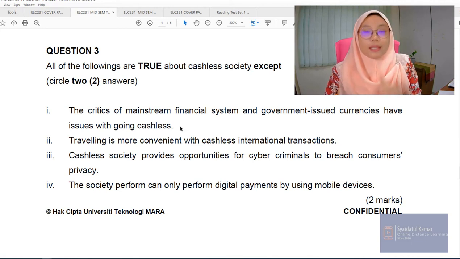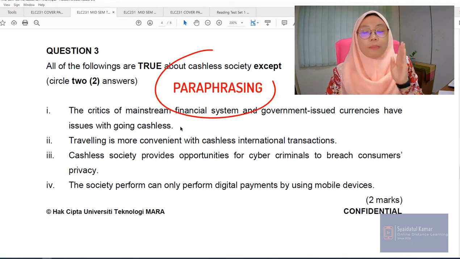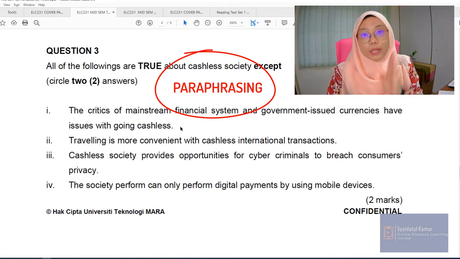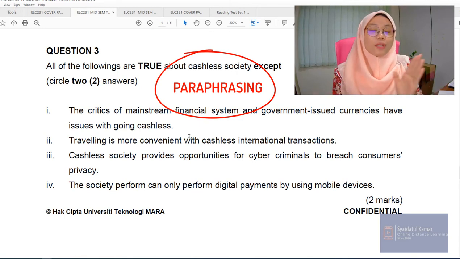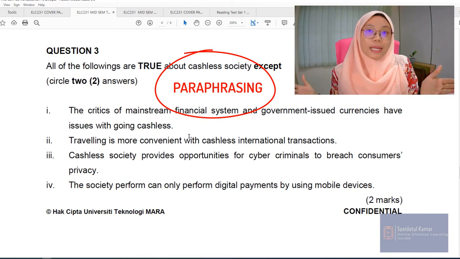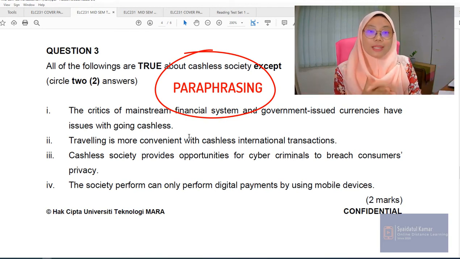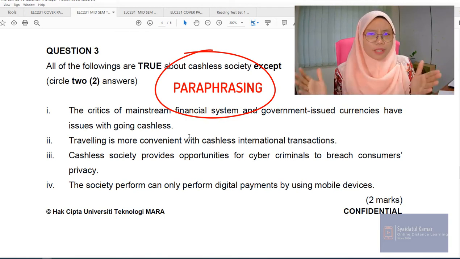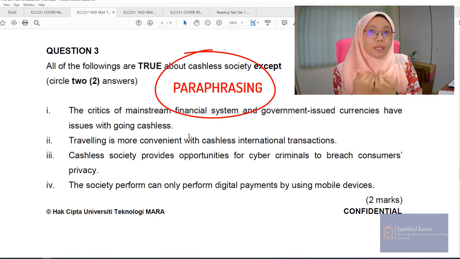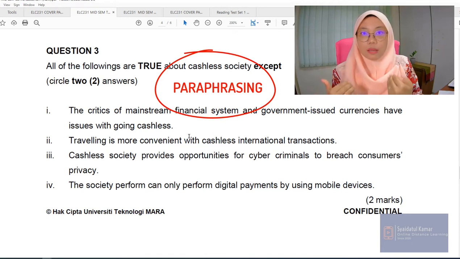Again, this is another paraphrasing question, whereby they paraphrase the statement or the idea, and then they ask you whether you understand. After they have put in different words, do you still understand the meaning of the statement? Okay, so then you have to circle 2 answers, right?